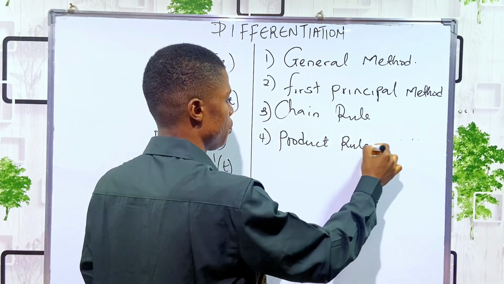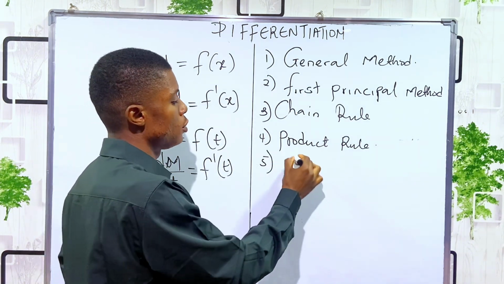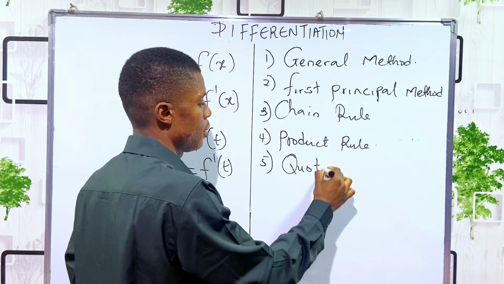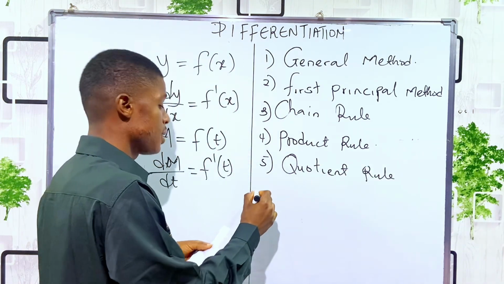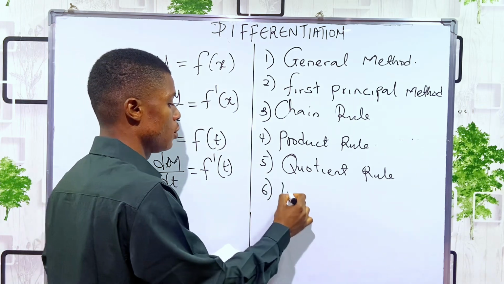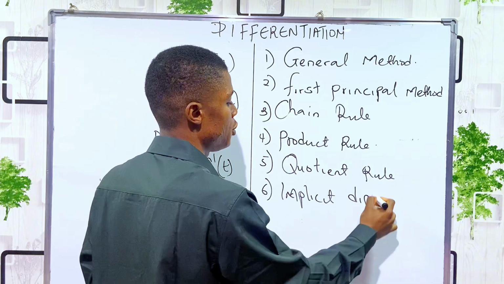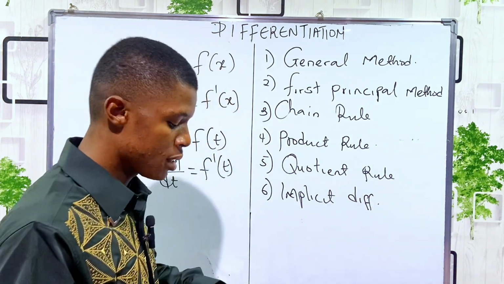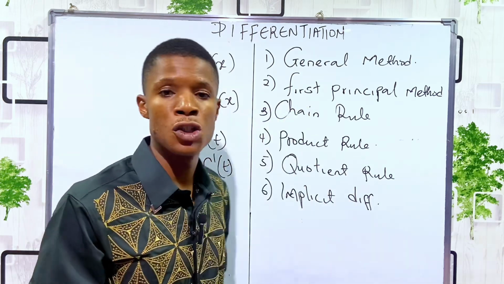Number 5 is called the quotient rule. And the last but not the least is called the implicit differentiation.